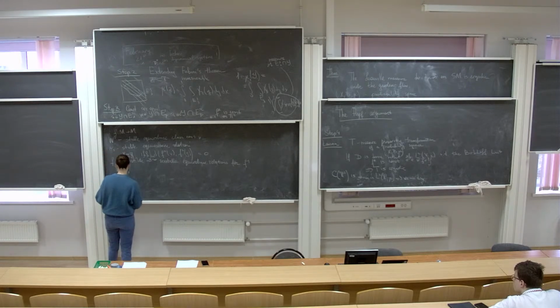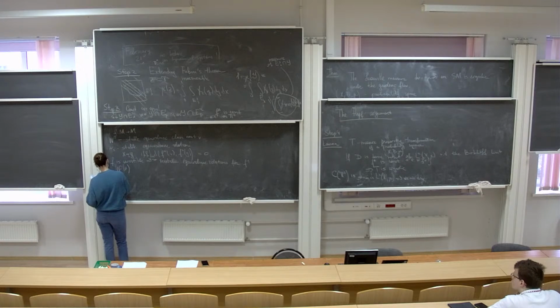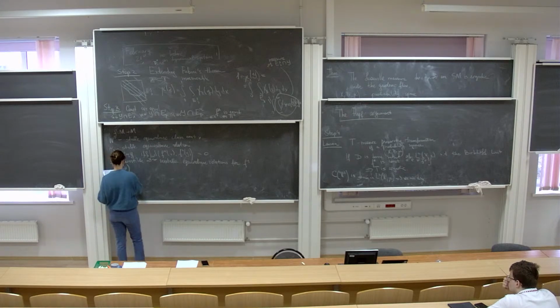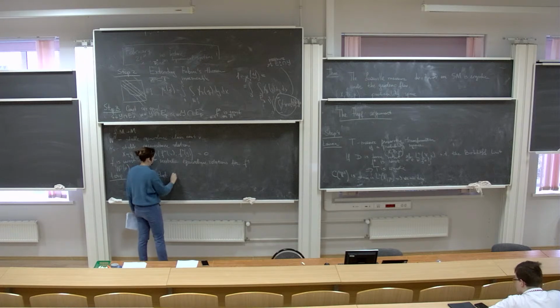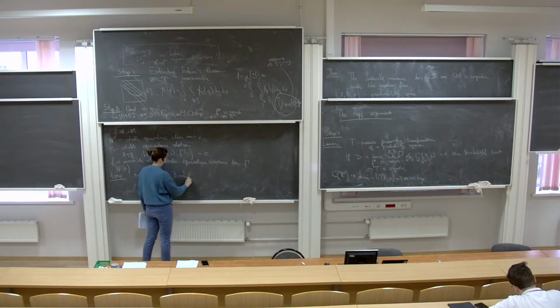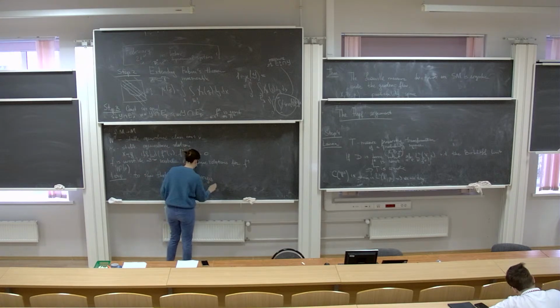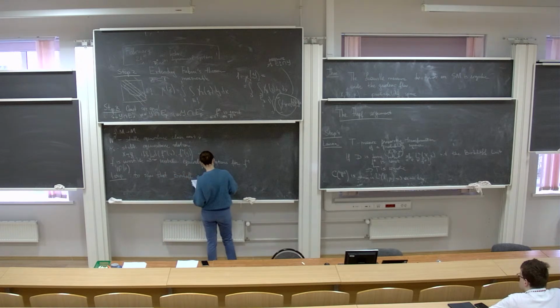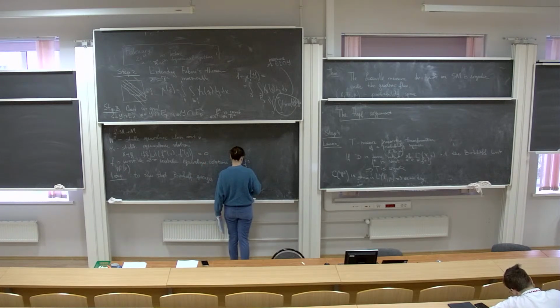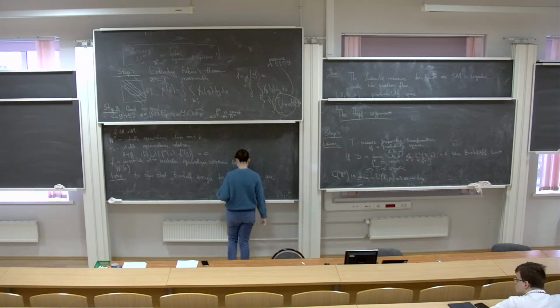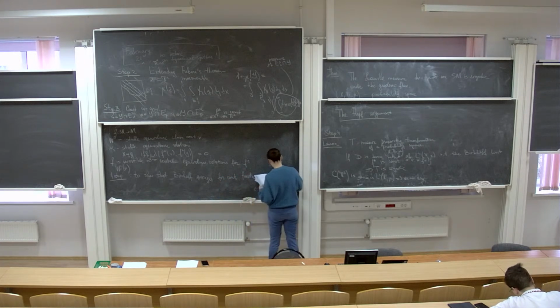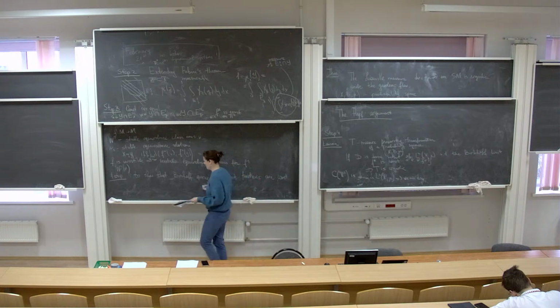So the first step is to show that Birkhoff averages for continuous functions are constant along stable and unstable equivalence classes.